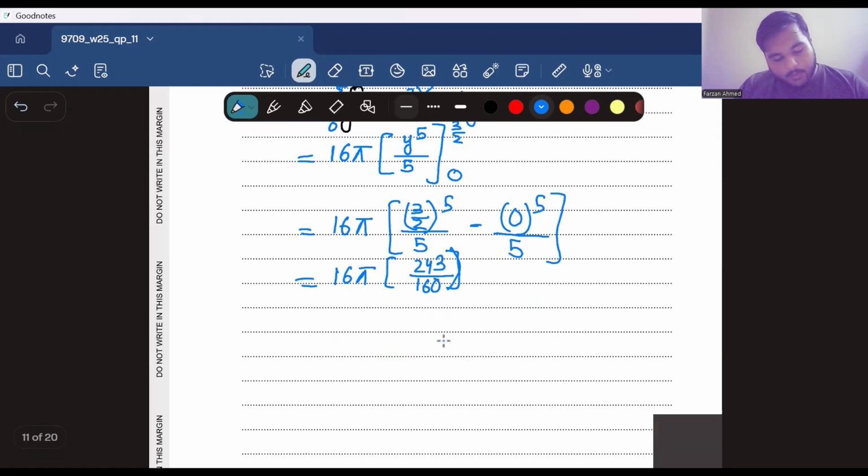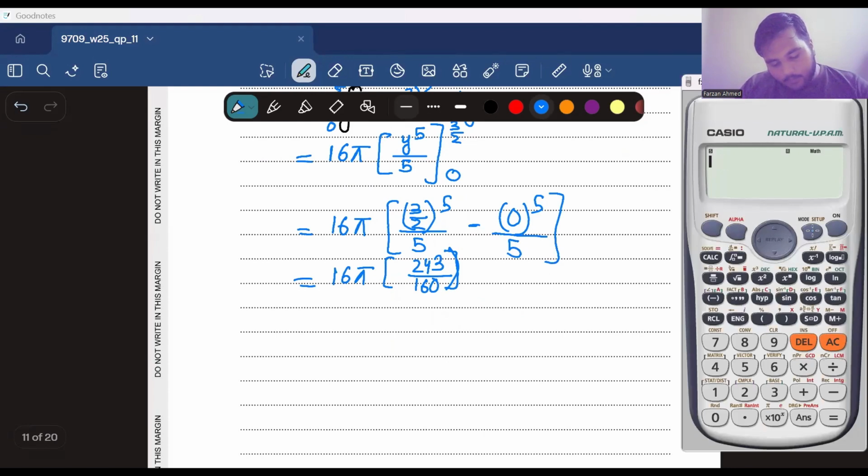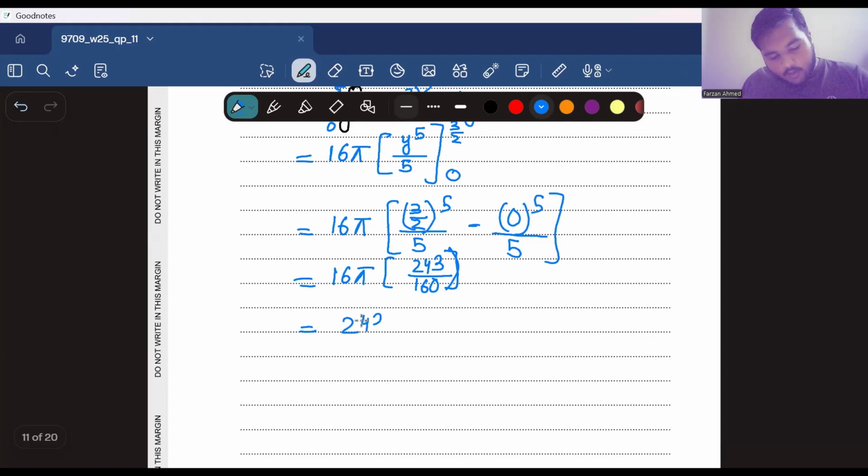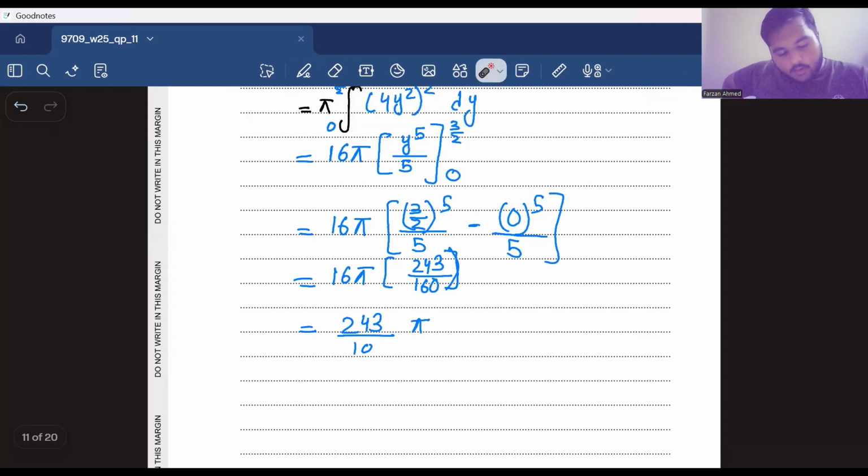So 16 pi into 243 over 160. This will be 24.3 pi. In the calculation, they are saying 243 over 10 pi, so when I cancel the 10, this will be 1.